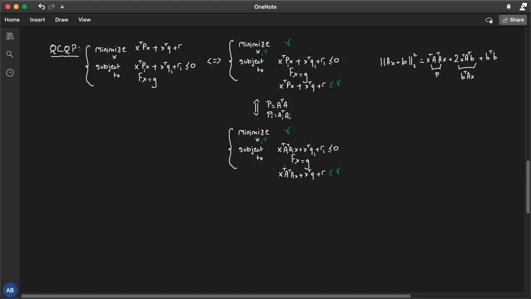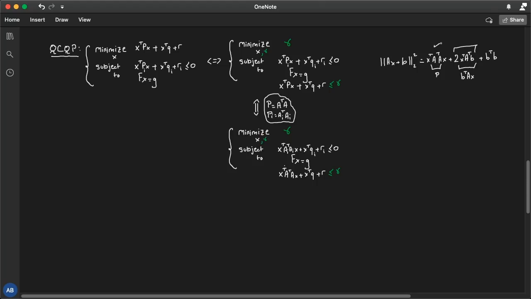Okay, so now after this change of bases, notice that what we're doing here is we're trying to approach the L2 norm as much as possible. So I'm trying as hard as I can to get x transpose A transpose Ax and 2x transpose A transpose b and b transpose b. Well, the next thing to do is that since I've got affine terms showing here, so x transpose qi and x transpose q, instead of my q, I'm going to insert 2A transpose b so that I have this term now showing up.